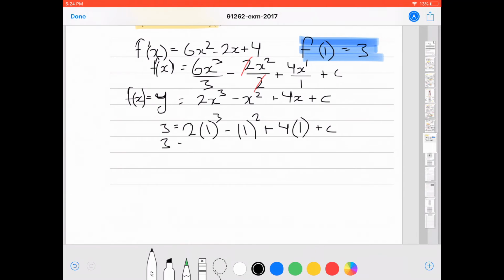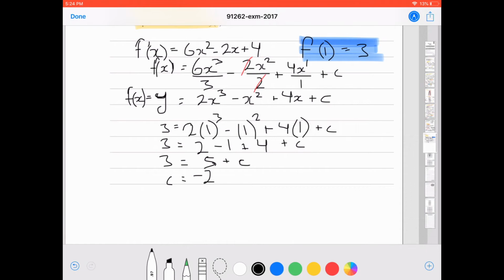Let's say 3 equals 2 minus 1 plus 4 plus c. 3 equals 5 plus c. And I'm hoping that I haven't made any mistakes, and c equals minus 2. Let me just check. Yep, it does.